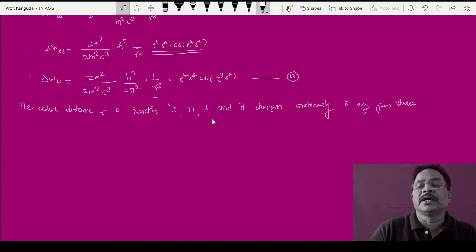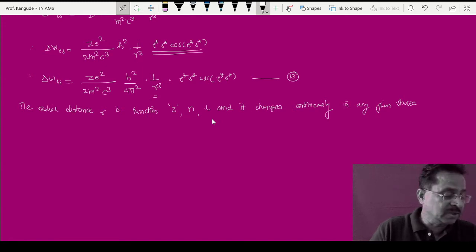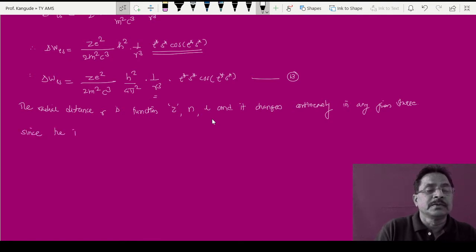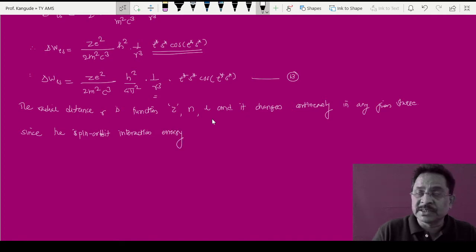We have to get an average value of this. That's what I am mentioning here. Since the spin orbit interaction energy is very small, it is very small, but makes a lot of difference.